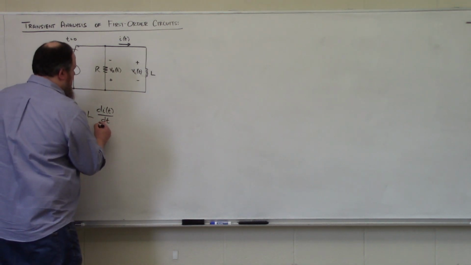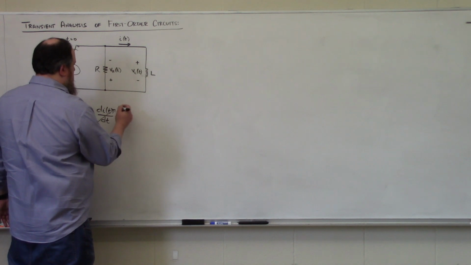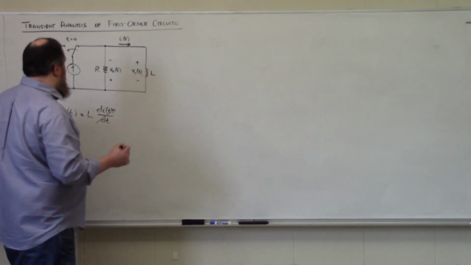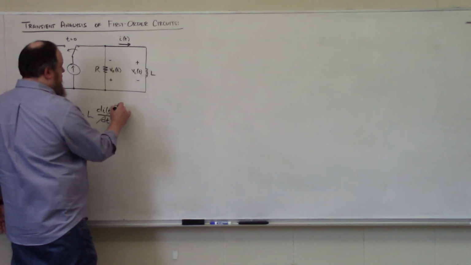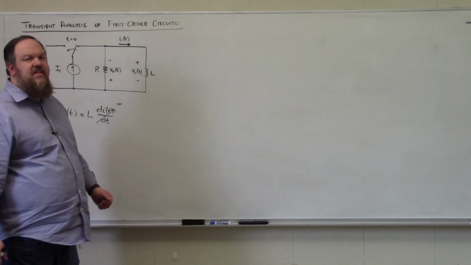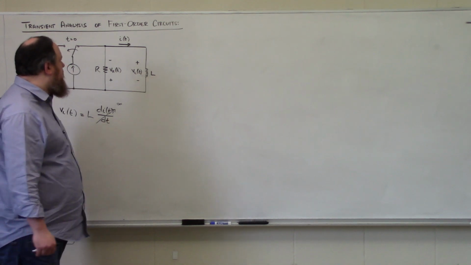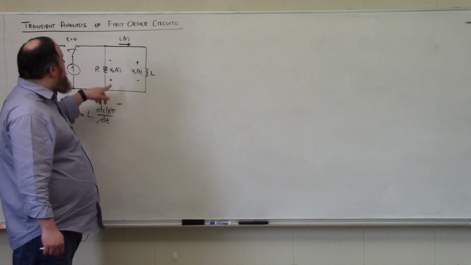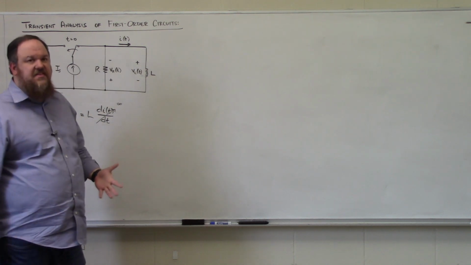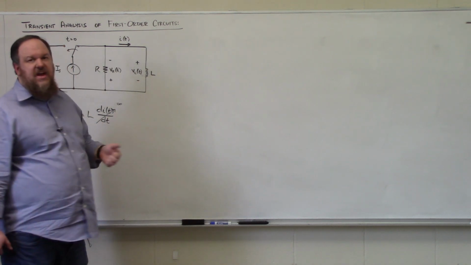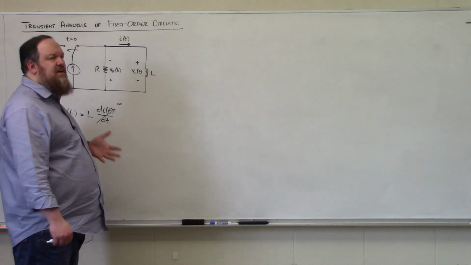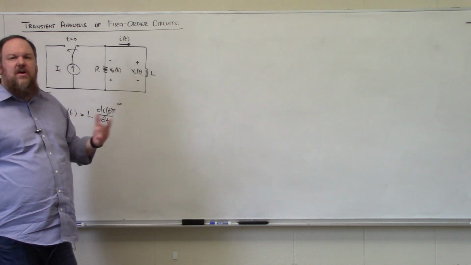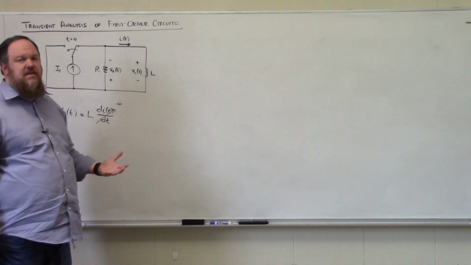The problem is that if our current changes abruptly from IS to 0, then this derivative term goes to infinity, and we have an infinitely large voltage drop over our inductor, which means we have an infinite amount of current flowing through our resistor. So we run into a situation again where our basic circuit analysis techniques tell us that we have 0 current and an infinite amount of current at the same time, which means we have a fundamental limitation of our model.